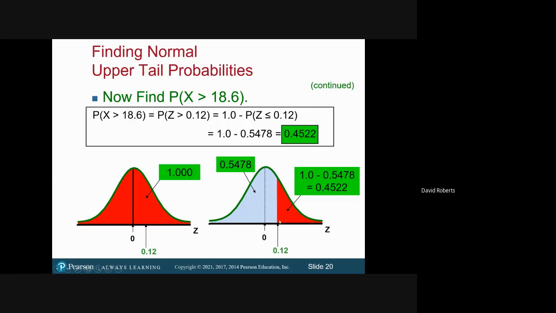The area below 18.6 is 0.5478, and the area above is 1 minus 0.5478, which is 0.4522. So just over 45%. So relatively speaking, 55% of the time, it'll be less than 18.6 seconds, and 45% of the time, it'll be above 18.6 seconds.